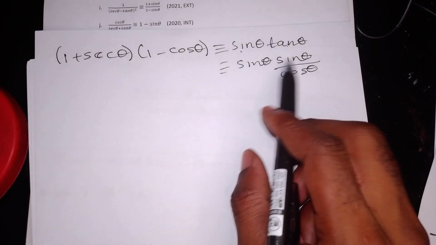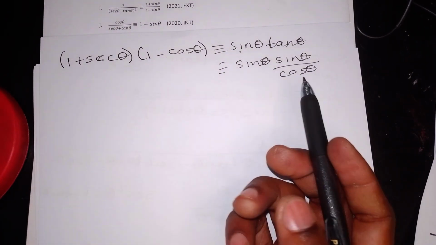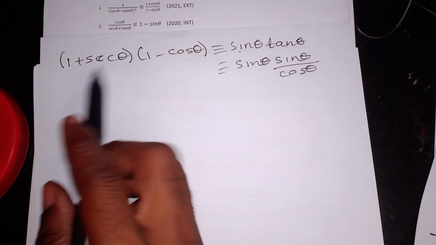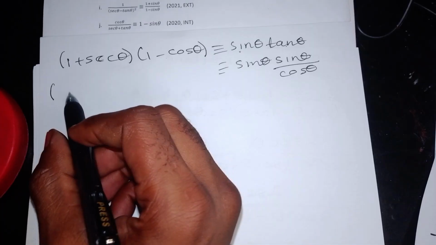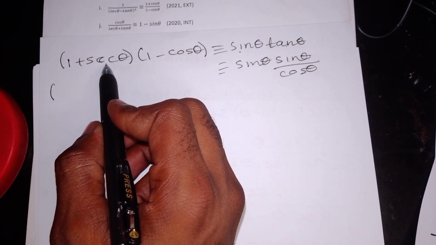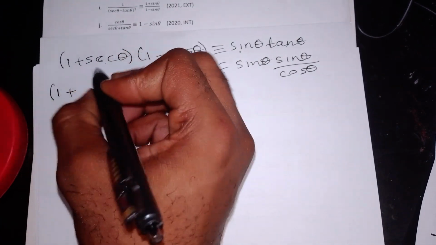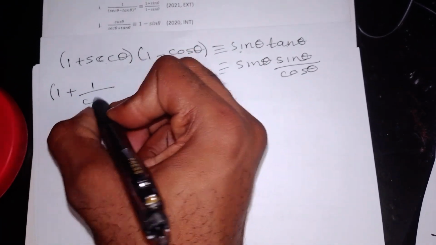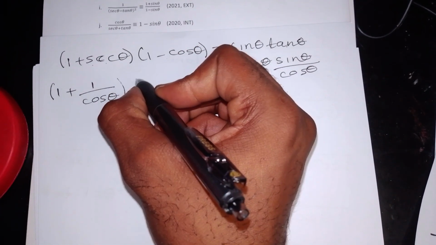So whatever you do, just aim for this. So maybe the first thing you want to do is to expand. So you can say 1 times this, so maybe we can change this to 1 over cosine. Yeah, it will be much easier.